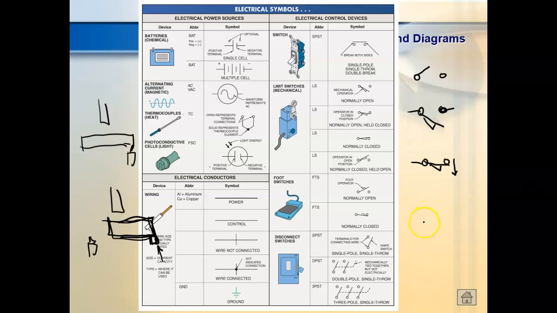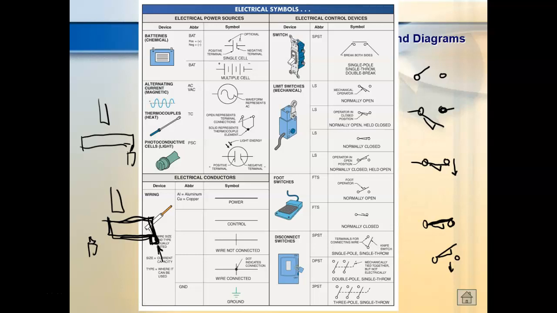So if I come over here and draw it this way, this goes on the top. Gravity's trying to close it, right, to come to rest on this guy right here. So if I draw that like this, gravity's trying to close it, so it must be what? Must be normally closed, held open. That makes sense?